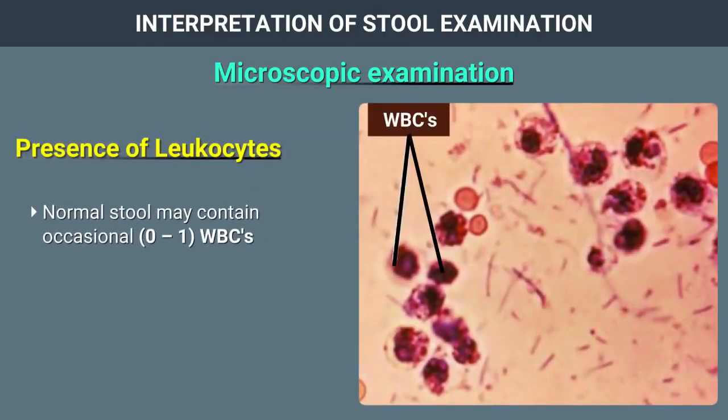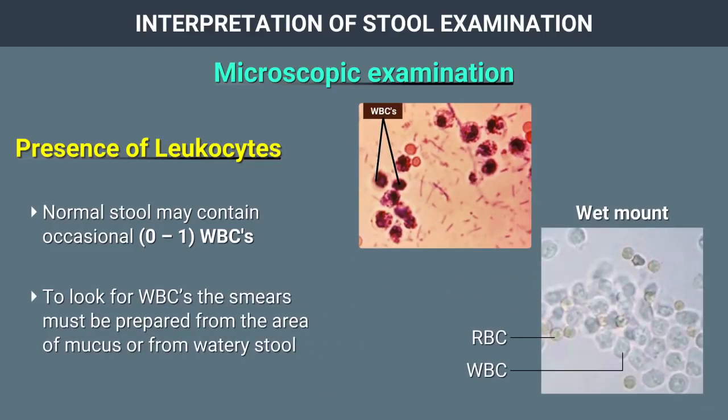Presence of leukocytes. Normal stool may contain occasional white blood cell. To look for white blood cells, the smear must be prepared from the area of mucus or from the watery stool.